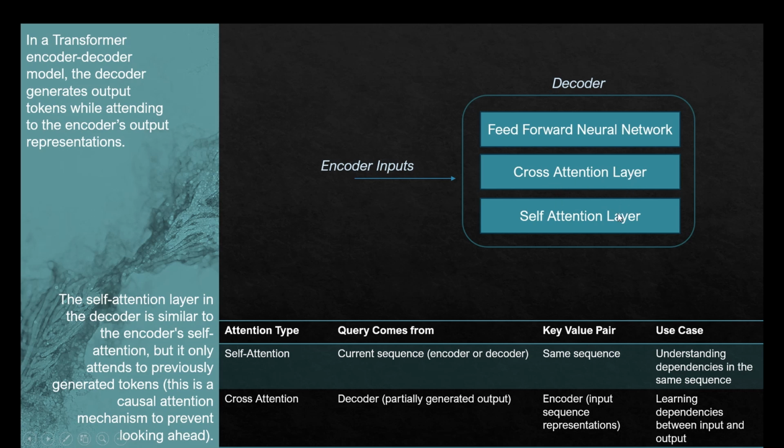They only have the self-attention layer. Cross-attention is used only in encoder-decoder models like T5 or BART, where the decoder needs to attend to an encoder representation of the input. Decoder-only models like GPT only use self-attention and do not have cross-attention at all.